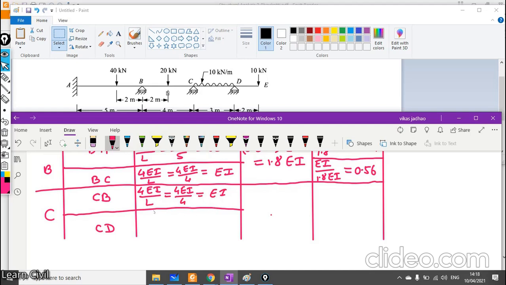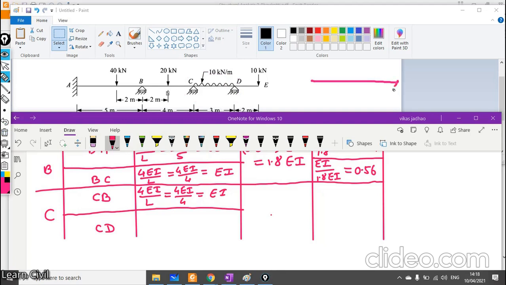And for CD, the stiffness will be 3EI upon L, because you can see here the support D is a hinged, simple support or a roller support.